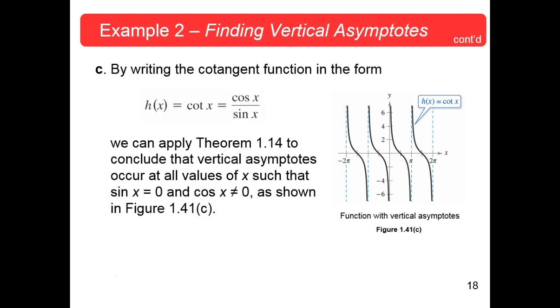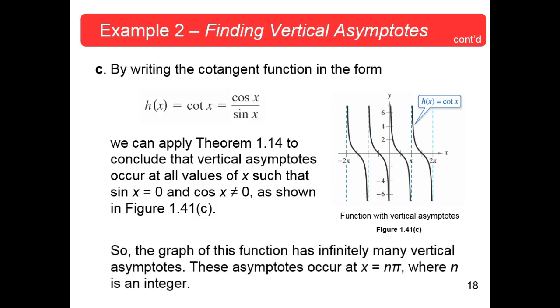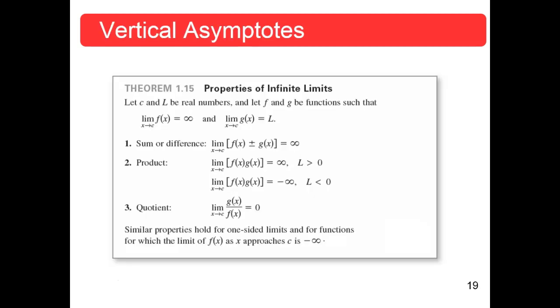So it's a decreasing function, whereas tangent is increasing. Way more than what they wanted you to do in this problem. So by the graph of that function, there are infinitely many vertical asymptotes, occurring at n pi, where n is any integer.